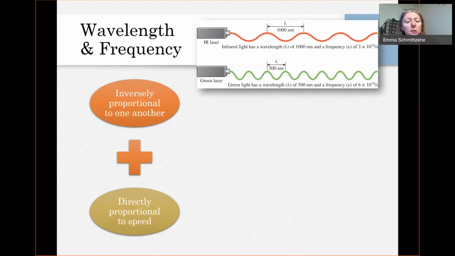Now for us, we're focused specifically on light waves. We don't care about any other waves right now. So if you're focused on light waves, then everything's moving at the speed of light, okay? So you don't really have to worry about that factor changing things. The only things changing is wavelength and frequency.